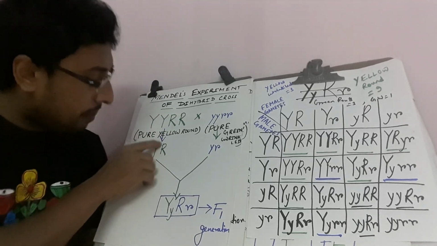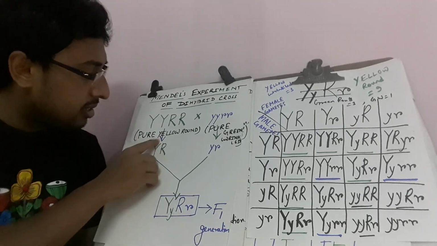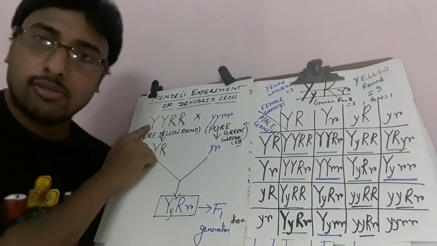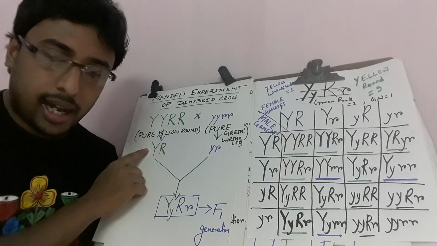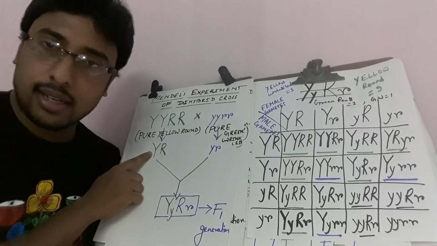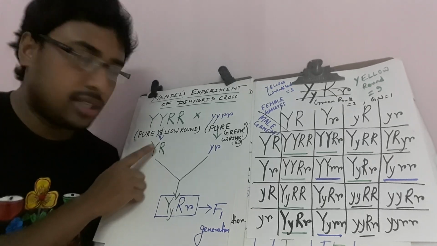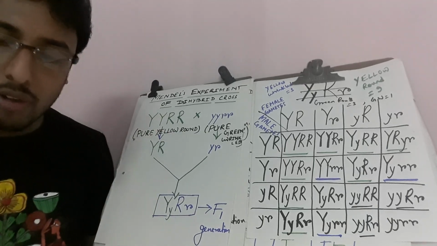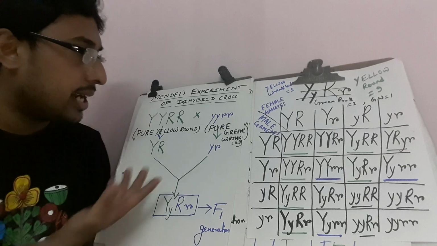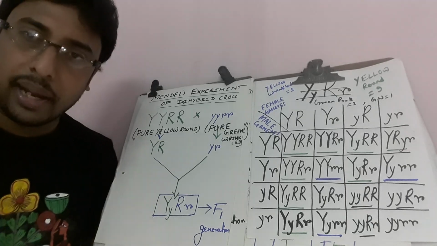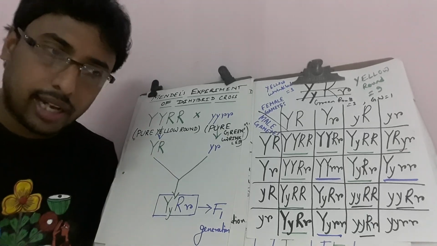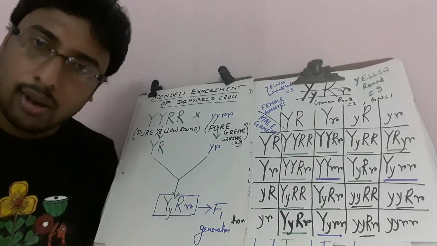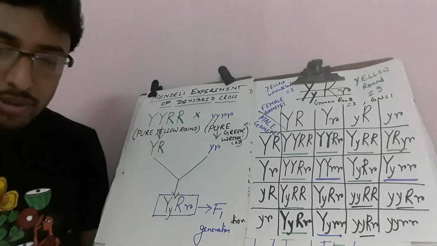So that capital Y is representing the entire characteristic features of that Y, the characteristic features of the whole of that yellow seed. That is the law of independent assortment. We are getting these characters from the Mendelian dihybrid cross. It's very important. So we are getting three laws from Mendel.